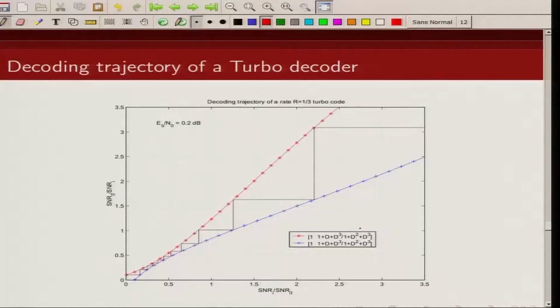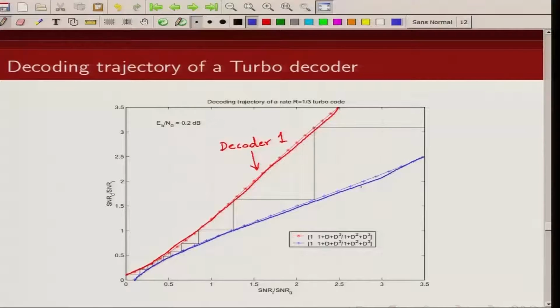What you see in red is the transfer characteristics of the first decoder, decoder 1, and what you see in blue is the transfer characteristics of decoder 2.